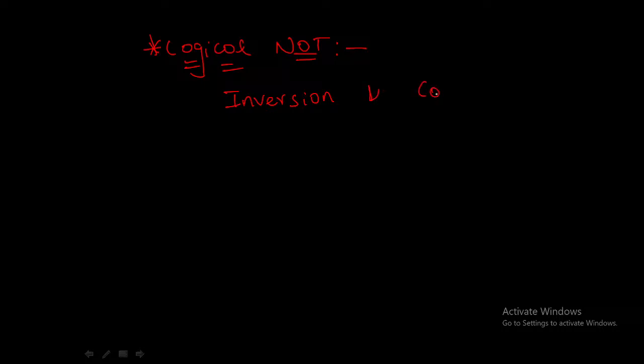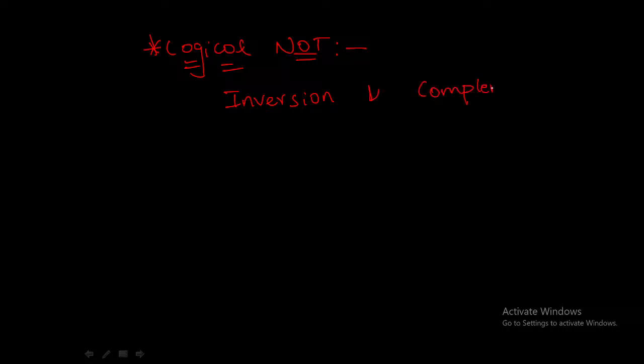Now, next coming to logical NOT. NOT is the simplest of these three basic operations of Boolean algebra. It is also known as inversion, and it is also known as complement.